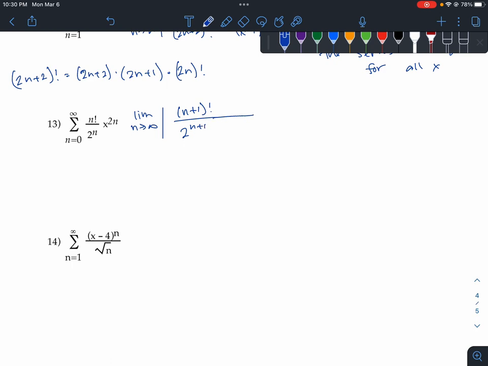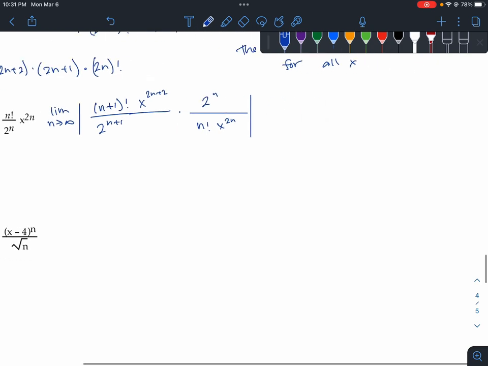And then we'll have x to the 2n plus 2 multiplied by 2 to the n divided by n factorial and x to the 2n. Okay, so this right here will result in x squared. So it's going to be x squared on the outside times the limit as n approaches infinity.